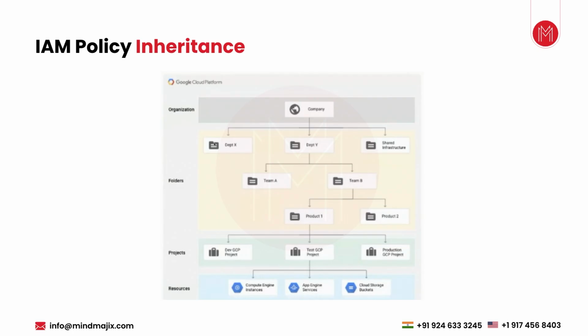You don't need to provide it separately for Compute Engine, App Engine, and so on. If you're going to use the entire project, you can come here and provide access, so that the policy gets inherited by all child resources. Very simple. Whatever level you get access at, from that level all child resources inherit the policy. Clear, right? That's called IAM policy inheritance.